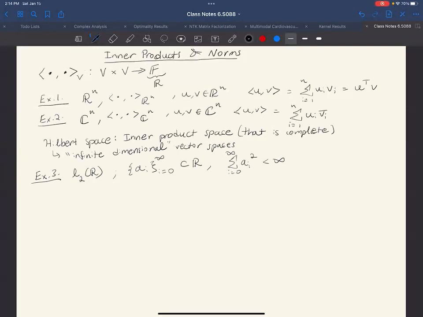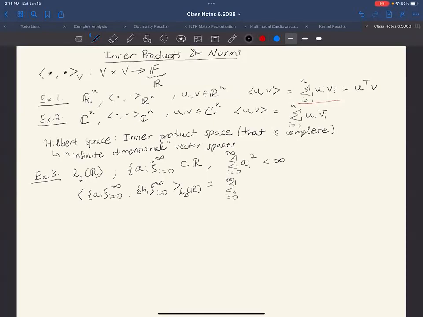Okay. And now what is the inner product on this space? So if I'm given two sequences, the reason we're considering this one, little L2 of R, is that this inner product is exactly what you have seen before for the finite dimensional case, but now we have an infinite sum.